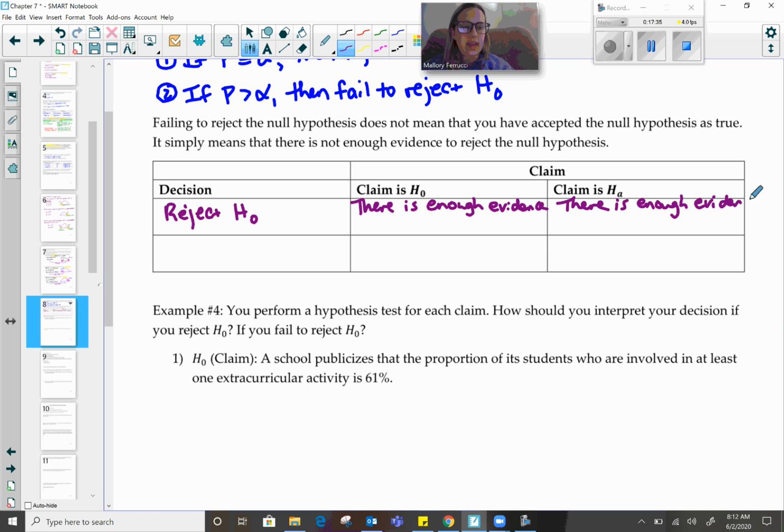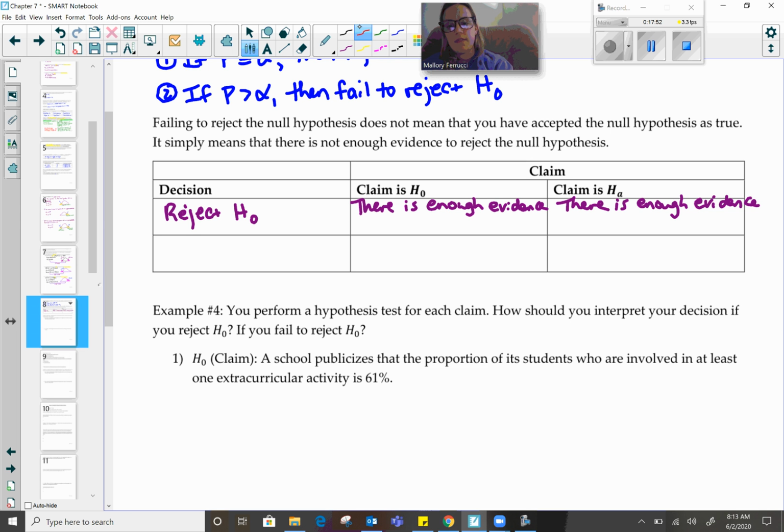Okay, we start off our final interpretation with there is enough evidence because we rejected the null hypothesis as our final decision.